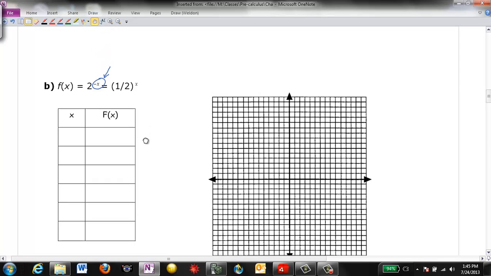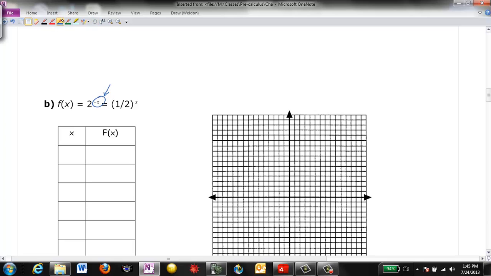Okay, so how do we get this 1/2 to the x from 2 to the negative x? Well, let's go back to algebra real quick. Let's take a look at 2 to the negative x. And recall that negative x is actually the same thing as negative 1 times x, right? And you might also recall from Algebra 1 this power to a power property.